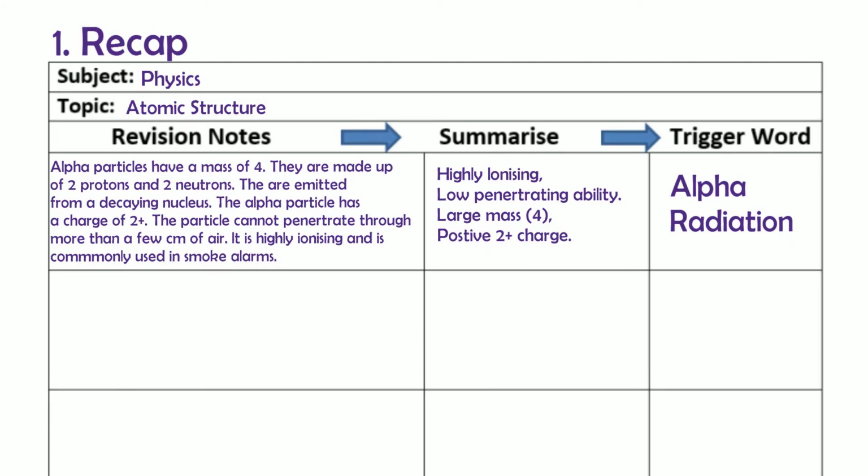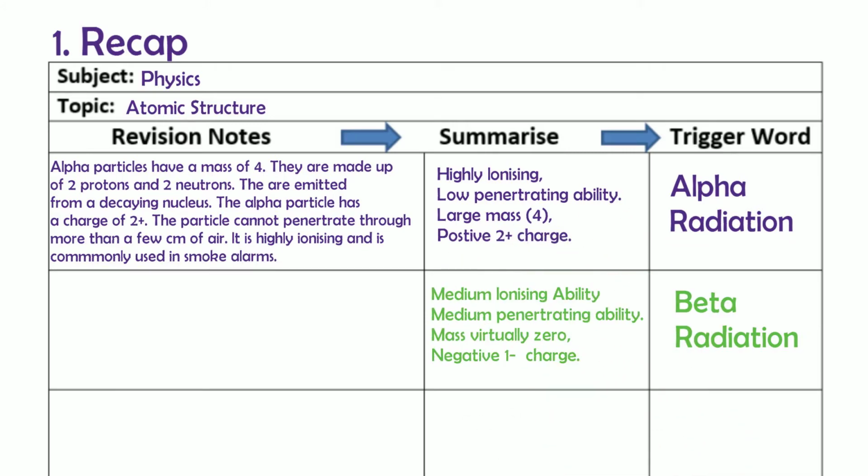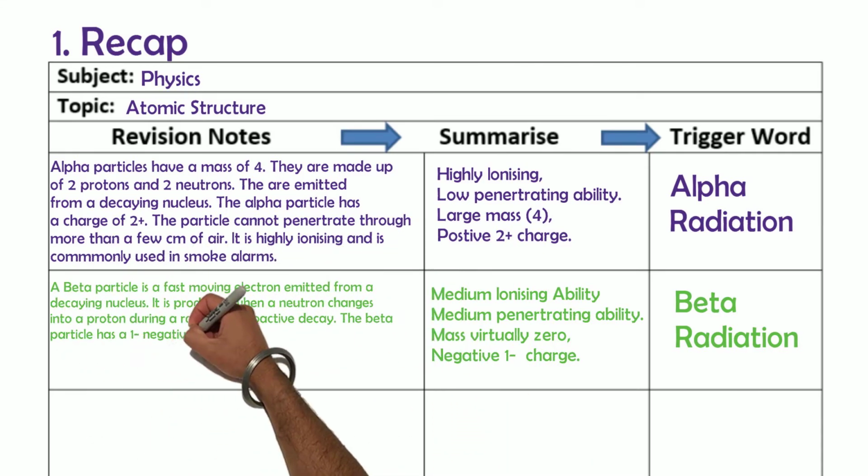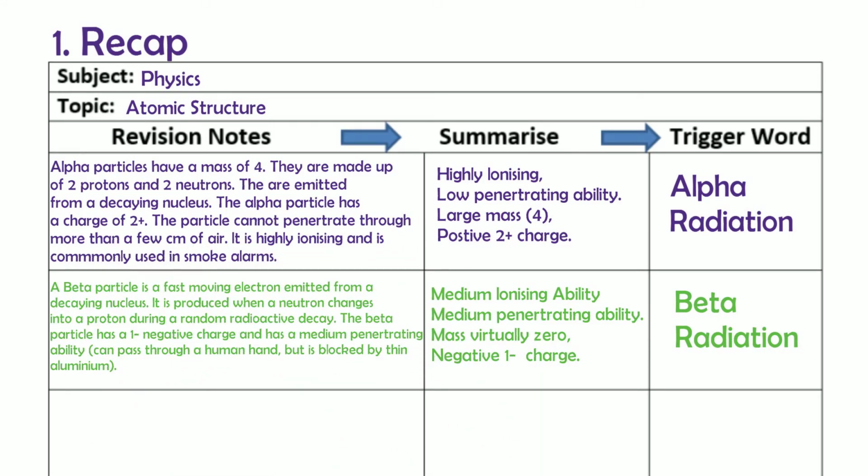Now the idea here is that this trigger word should remind you of all the summarizing in the notes that you wrote down. If you want to run the process in reverse, if you want to establish a trigger word first, like here with beta radiation, then that's totally fine. You can then expand out your trigger word and write your notes, but they must be concise, they must be able to fit in the box.